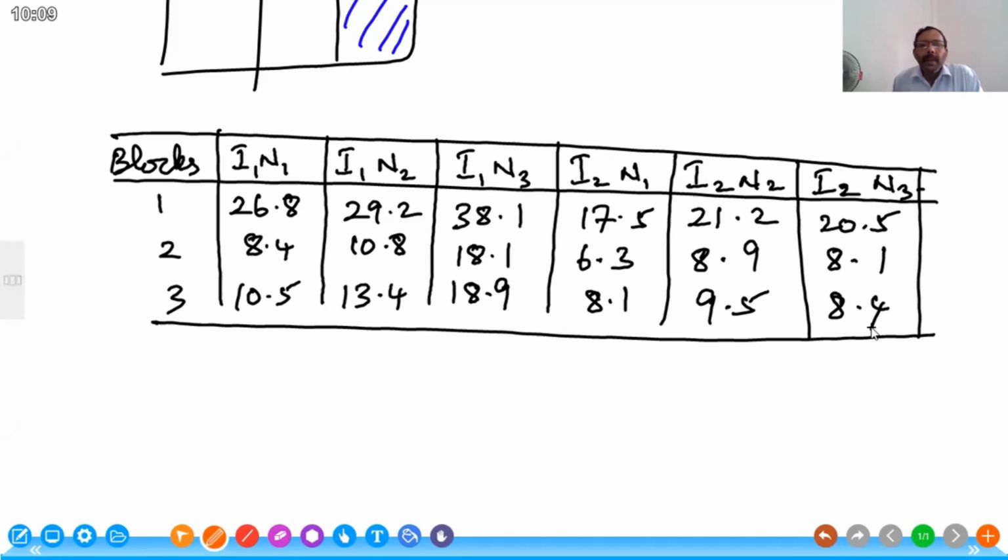Test for main effects and the interaction effect, and express your conclusion with alpha 0.05.